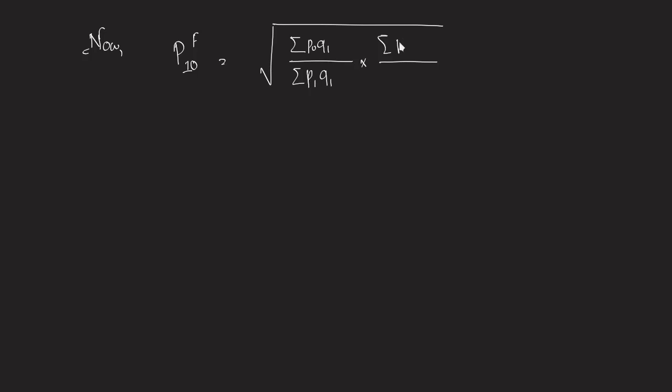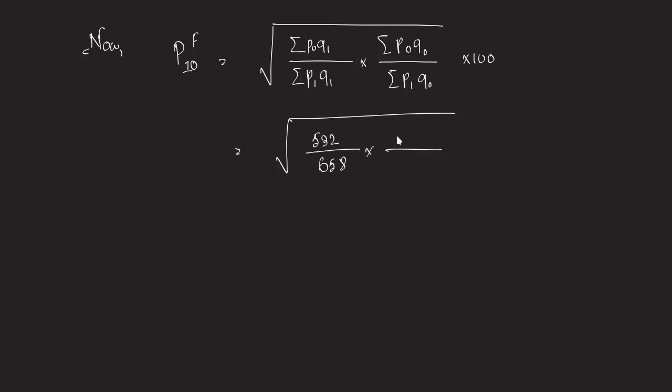Now P10F, that means we have changed the time, is given by root over summation P0Q1 by summation P1Q1 into summation P0Q0 by summation P1Q0 into 100, which is equal to, this is 532, this is 658, this is 700, and this is 875.